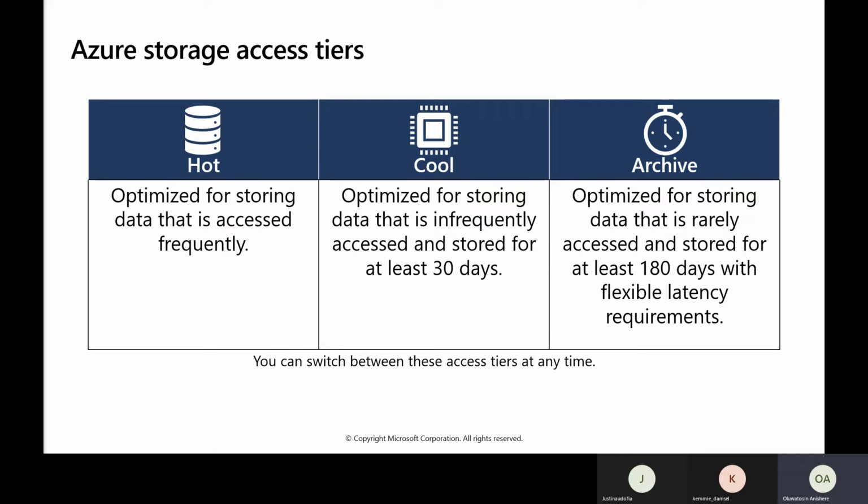If for instance you have a file that you use from time to time and it is in hot, and after a while you do not require that file anymore, you can switch and put it in a cool tier.